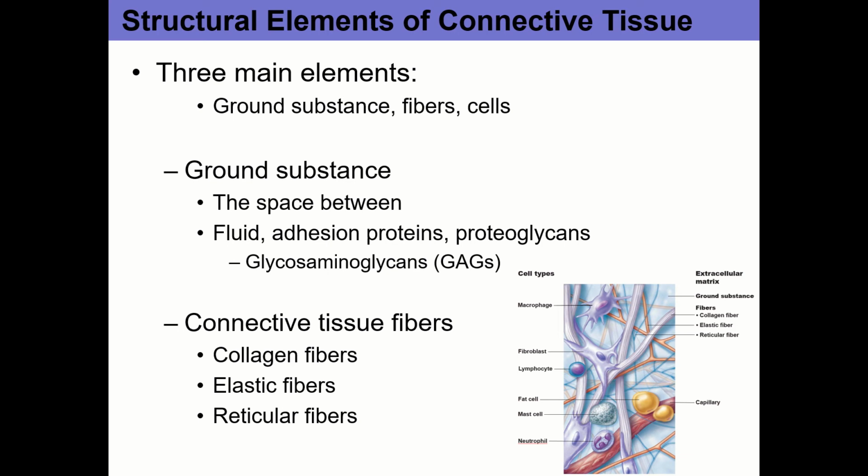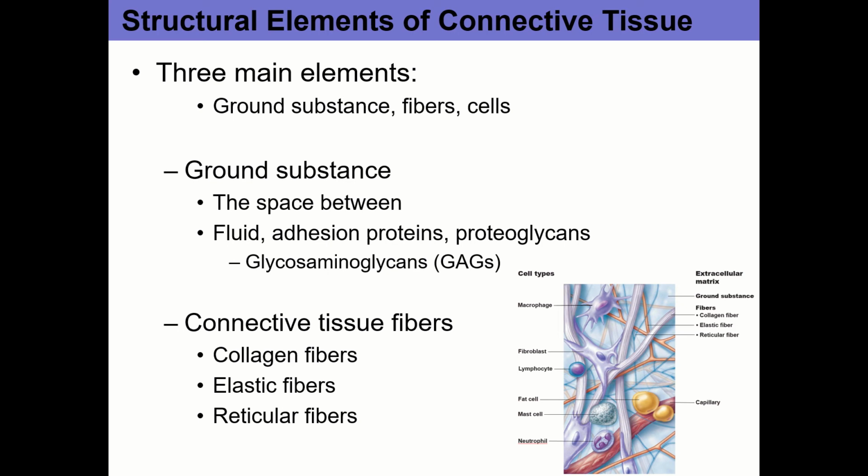Ligaments, compared to tendons, have a higher ratio of elastic fibers to collagen fibers, so ligaments are a little bit more elastic than tendons are.